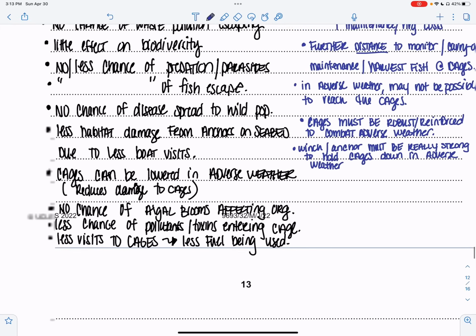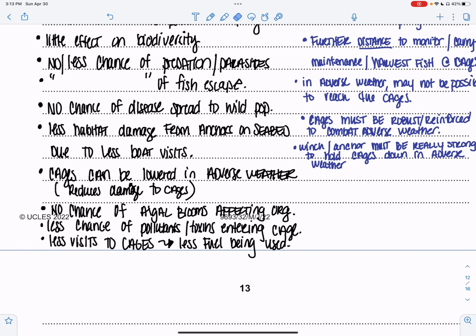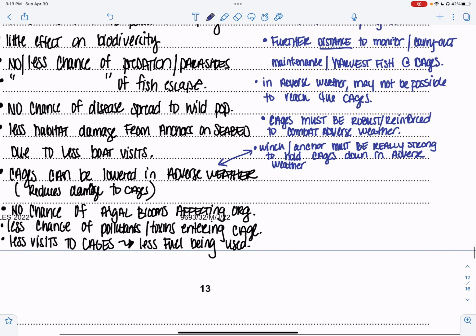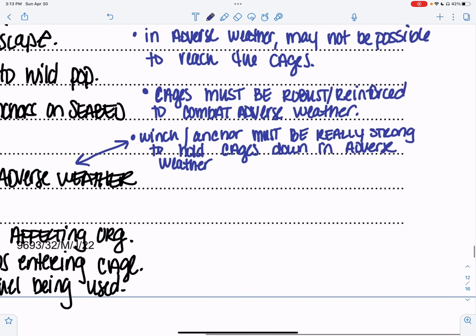And that's something that kind of goes with this right here. The benefit is that we can lower these cages in adverse weather, but that winch needs to be really strong to combat currents.